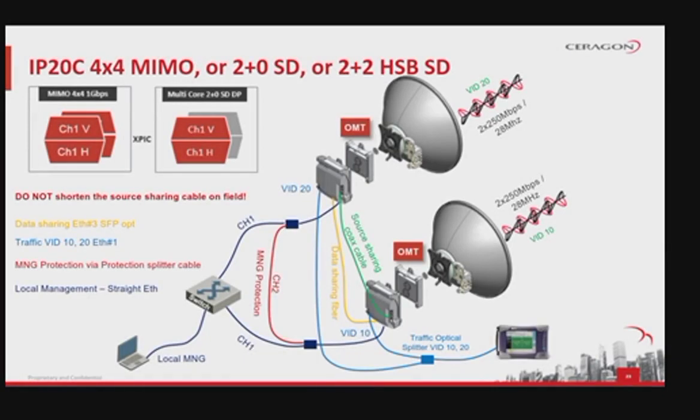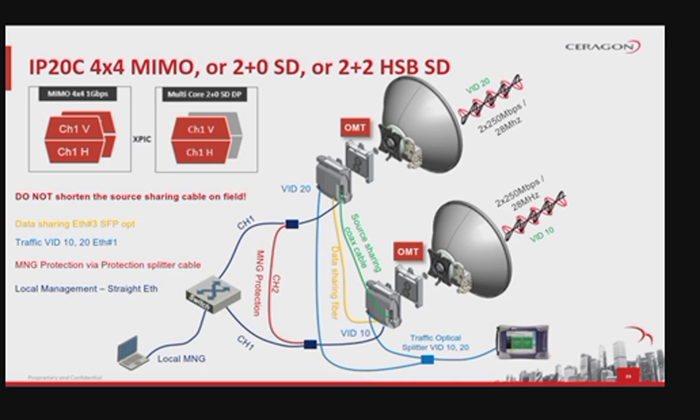Let's now have a look at one of the most complex installations with the IP20C, the 4x4 MIMO configuration. As you will see from the explanations, there are some similarities between the 4x4 MIMO assembly and 2+2 hot standby with space diversity or 2+0 with space diversity.